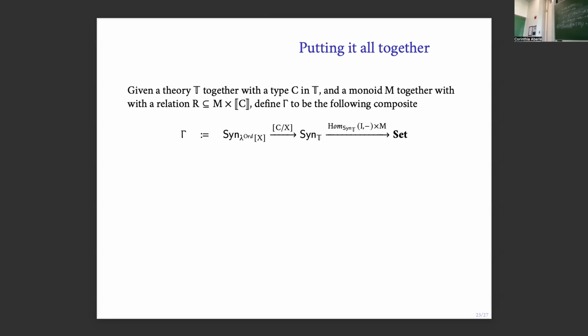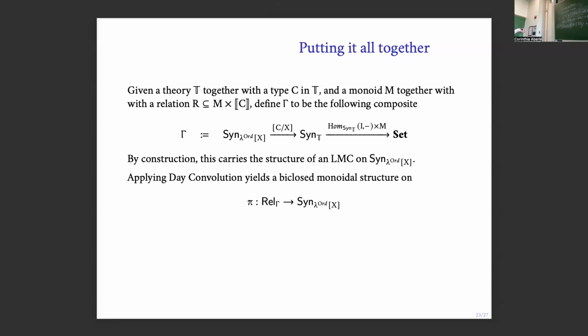So then composing this with this gives us a Lax-monoidal functor from the syntactic category of lambda x. So we have our Lax-monoidal functor on this syntactic category by construction.